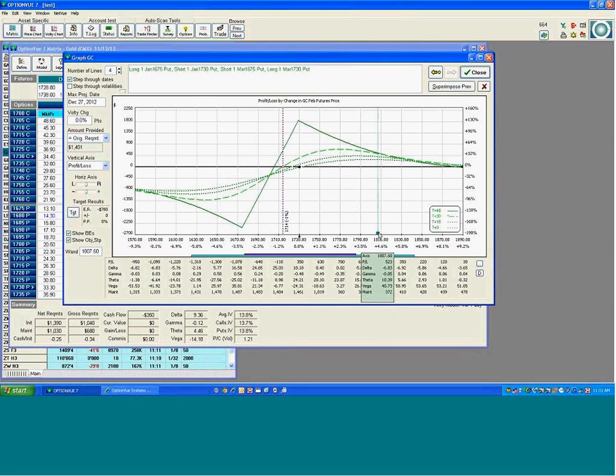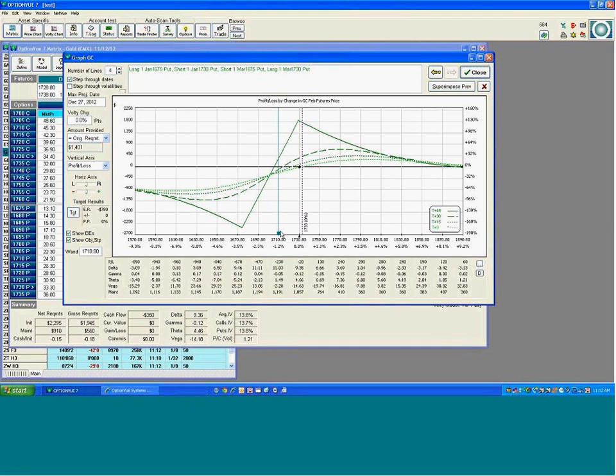This is how this trade also performs on the downside. Really, the downside is going to lead to losses, because we're starting off with a modestly delta long position, and the deltas become slightly longer as the market declines in price.